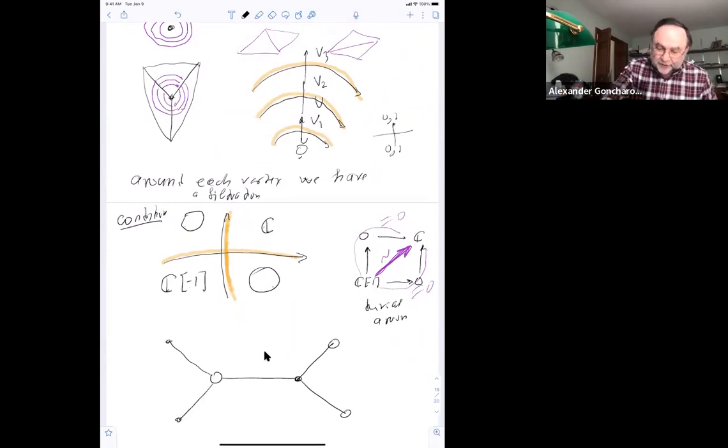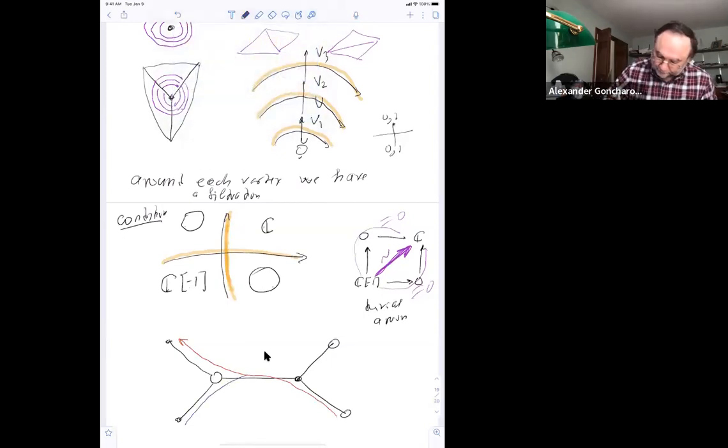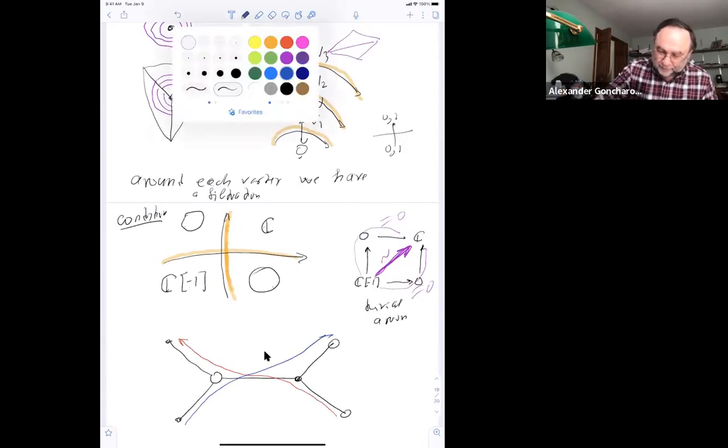And now it has zigzag passes, so let's draw them again.